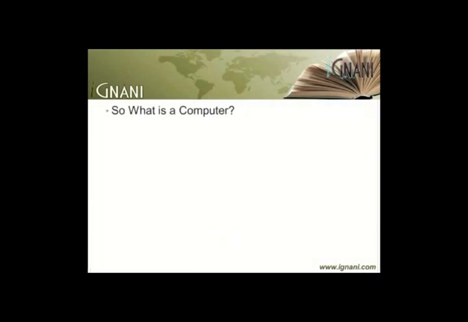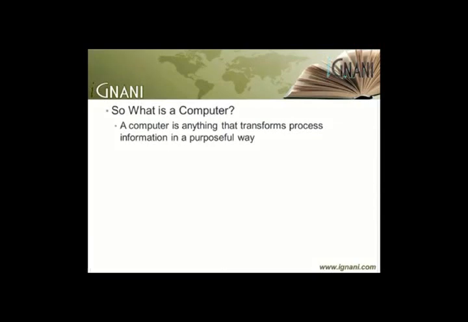So, what is a computer? In simple terms, a computer is anything that transforms or processes information in a purposeful way. The term computer is derived from the Latin word compute, which means to calculate or to manipulate.